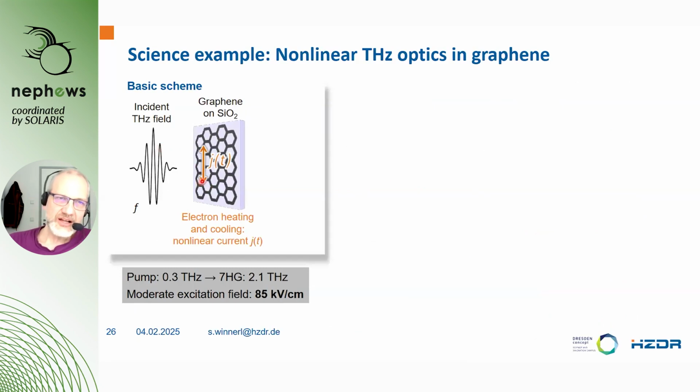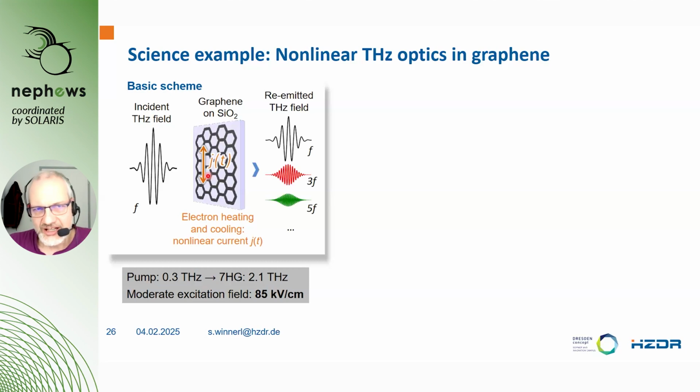Here's a science example. Now we go back to graphene. If we excite graphene with an intense few-cycle terahertz pulse, we drive a nonlinear current here. This is by heating and cooling of the carriers. It becomes nonlinear.